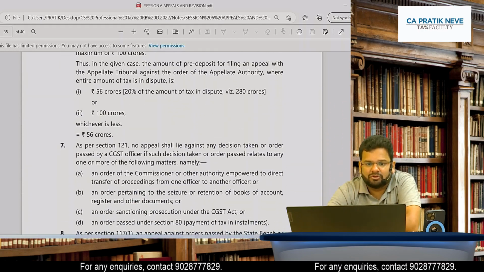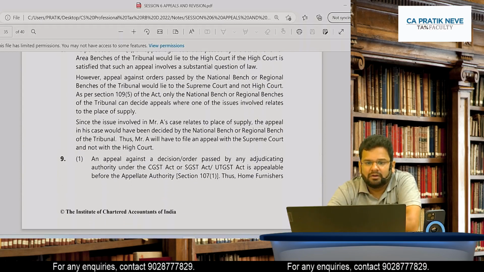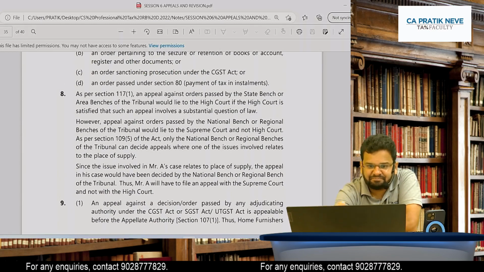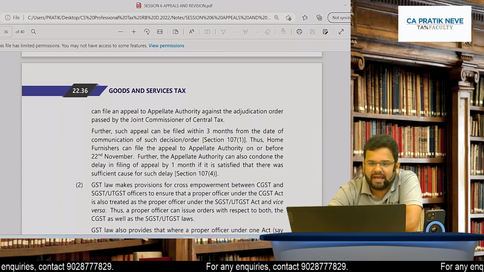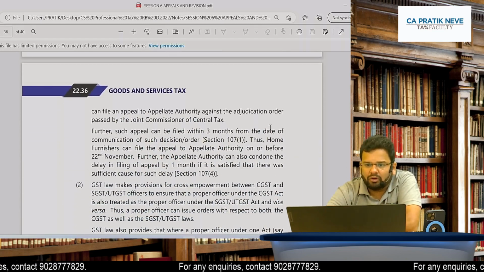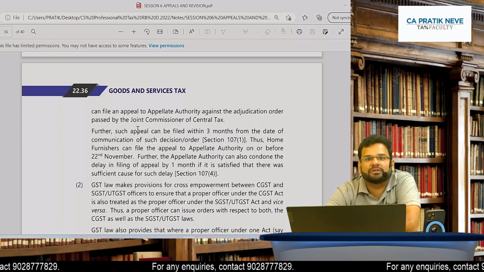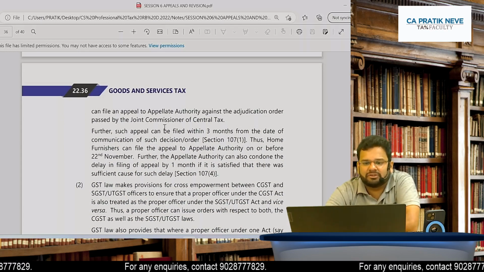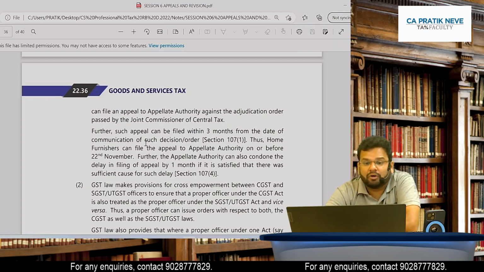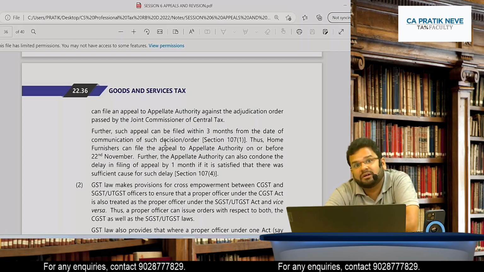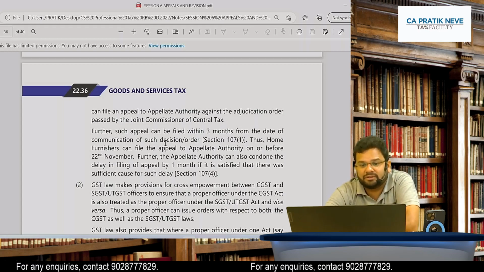Check here your solution. The Home Furnishers can file appeal to appellate authority against adjudication order passed by Joint Commissioner of Central Tax. Such appeal can be filed within 3 months from date of communication of such decision or order, as we discussed today.